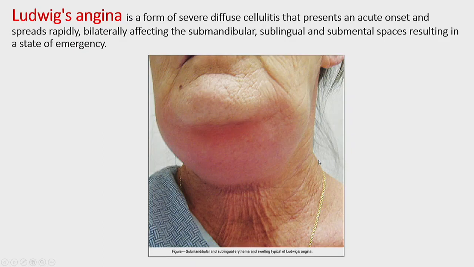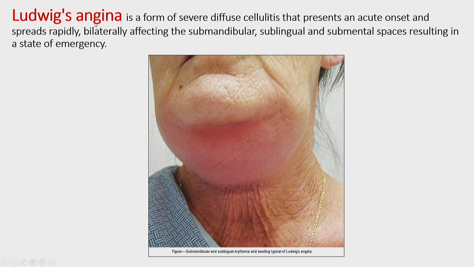So what I wanted to say is this dangerous condition called Ludwig angina: if bilaterally all this space under the tongue is infected or occupied, and the submandibular region also is occupied, the swelling slowly pushes the tongue toward the pharynx, closing the airway, and this is a state of emergency.